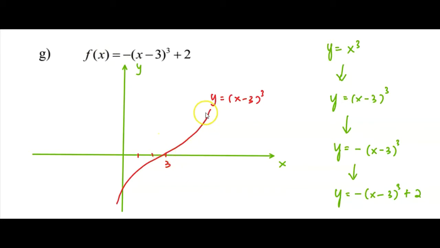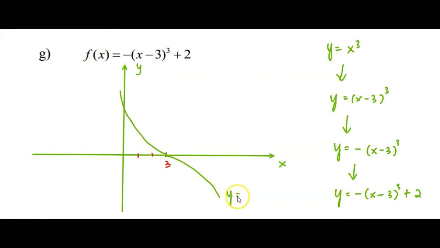For the right-hand part, I will reflect about the x-axis. You will form the graph in this shape, and the other side will form the graph in this shape. Then erase this off. So this is your graph of negative x minus 3 cubed.